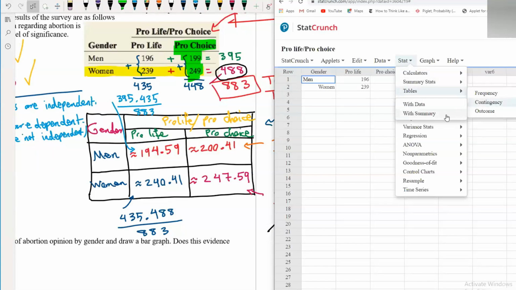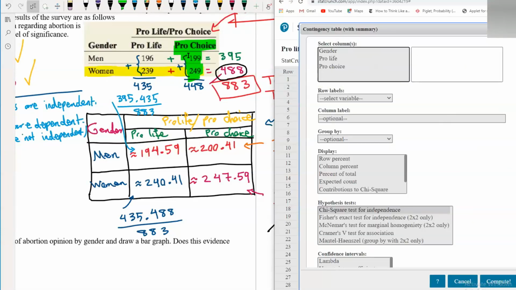So these are steps to find chi-square and p-value. Based on what is given here for observed values on this table, we have two columns, pro-life and pro-choice. So select columns. I have these two on the right side.